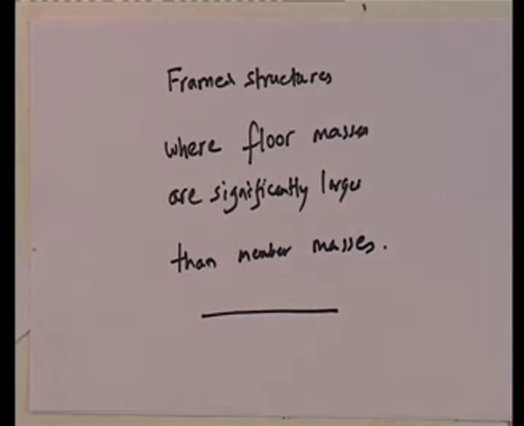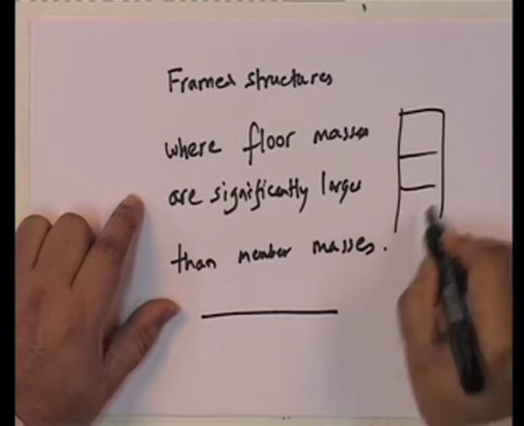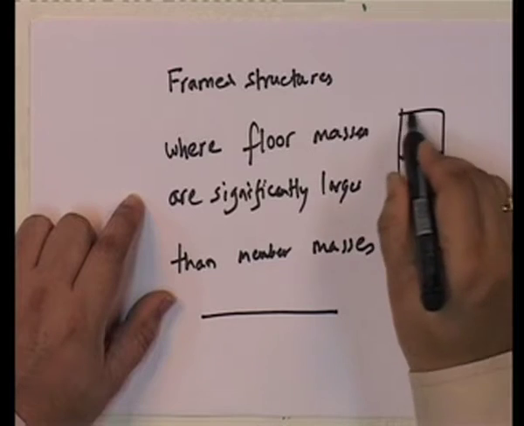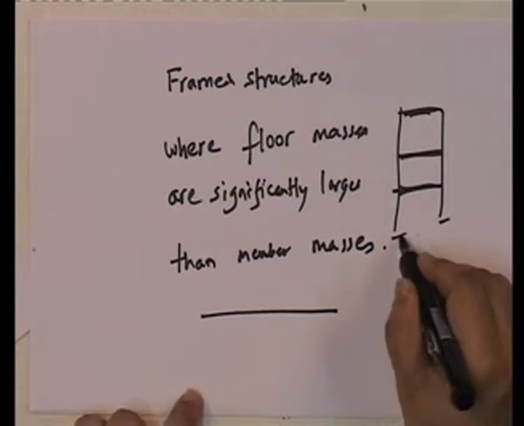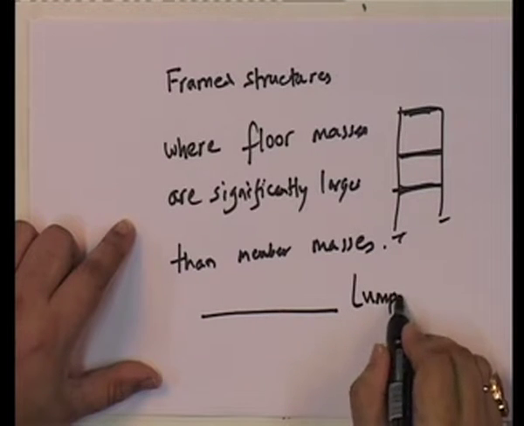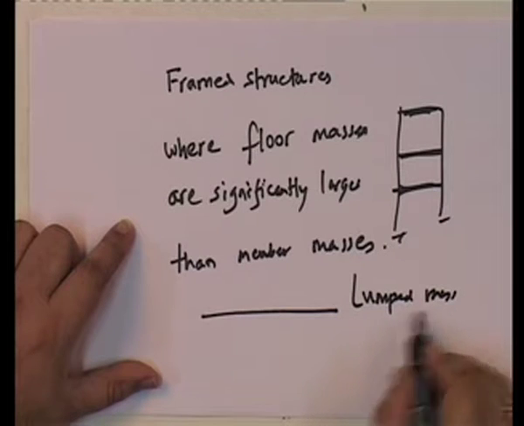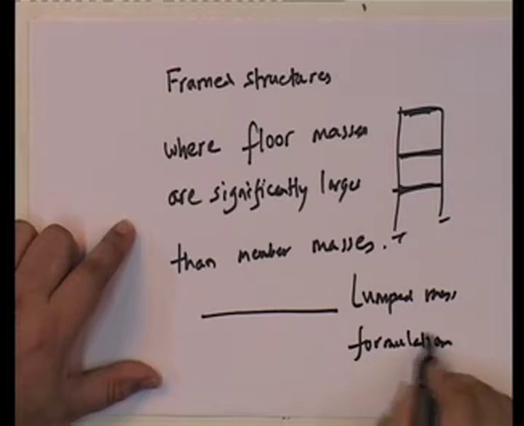Okay. This is very clear. So, in other words, frames where floor masses are significantly larger than the member masses. For this, lumped mass formulation is okay.